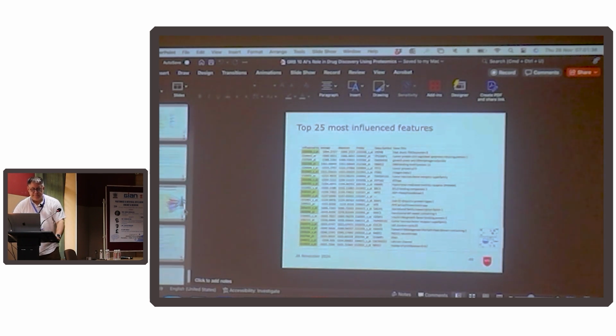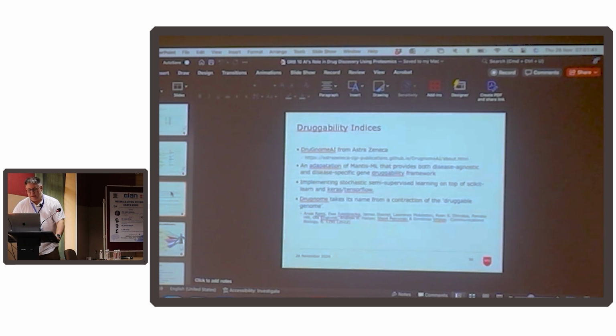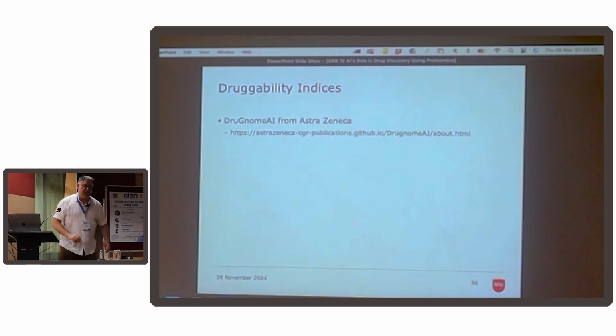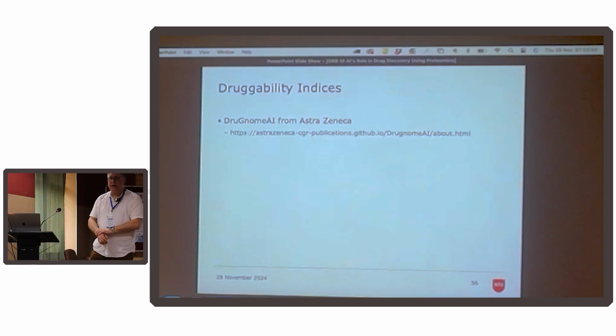So that's DGIdb. What we can also do is apply these things to druggability indices as well.